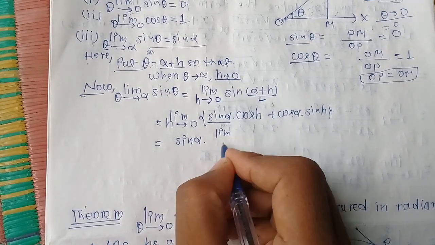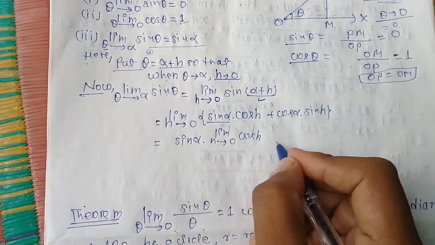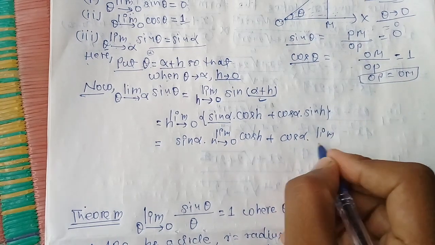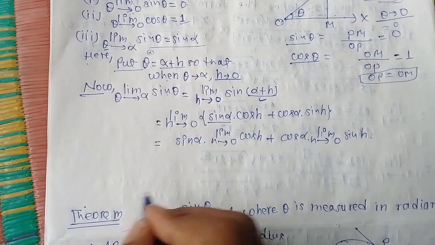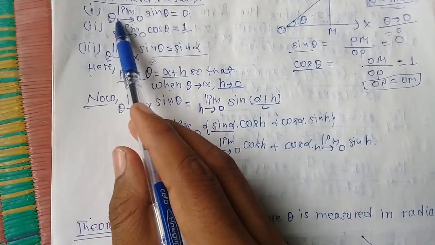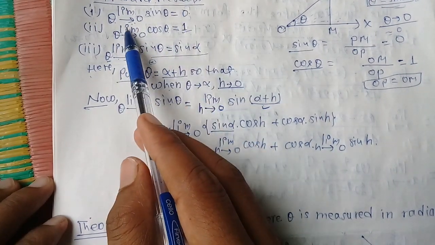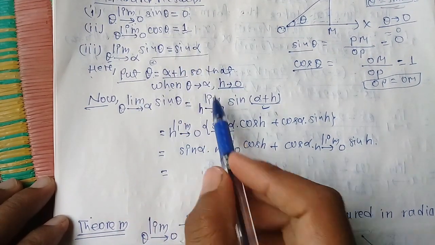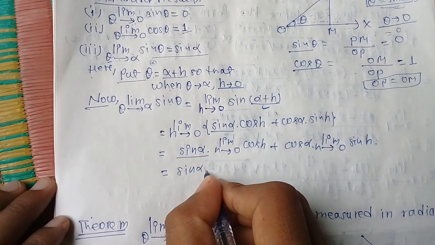So limit h tends to 0 cos h, यहाँ cos alpha लाई के गर्ने? बाहिर निकाल्ने. limit h tends to 0 sin h. So we have already discussed that limit of sin theta हुँदाखेरि 0 हुन्छ, limit theta tends to 0 cos theta is equal to 1 हुन्छ. So now here sin alpha is constant, so it will remain constant.